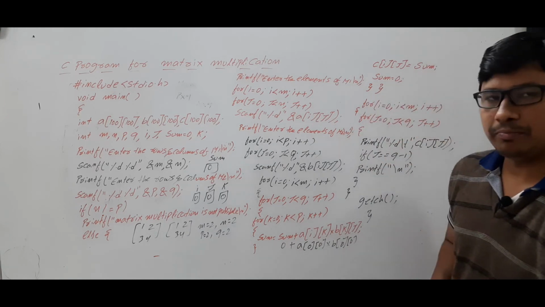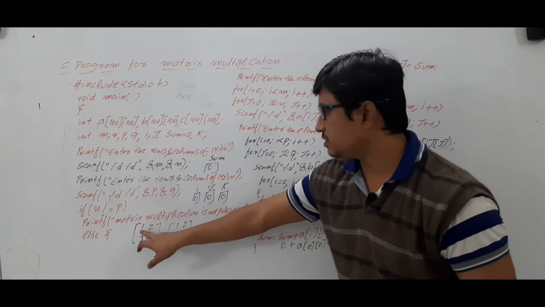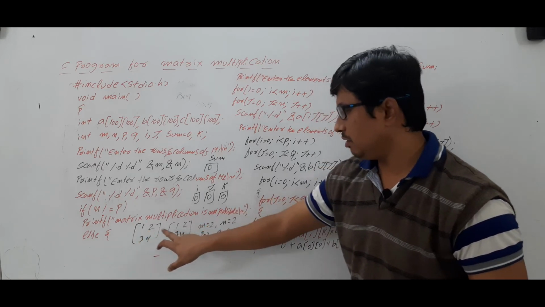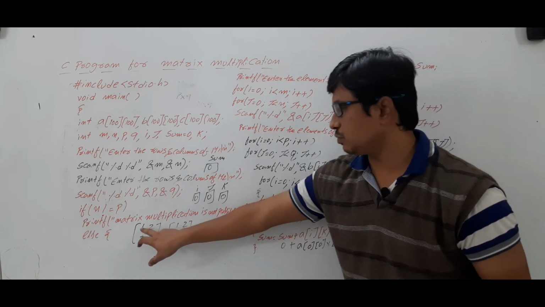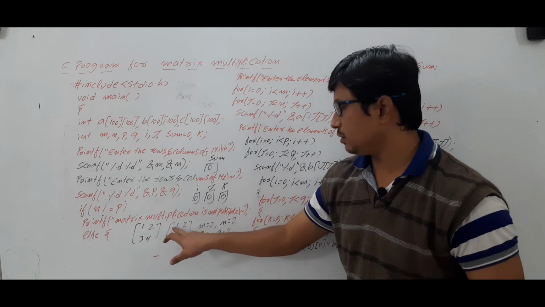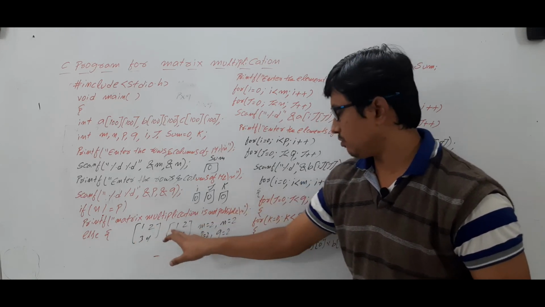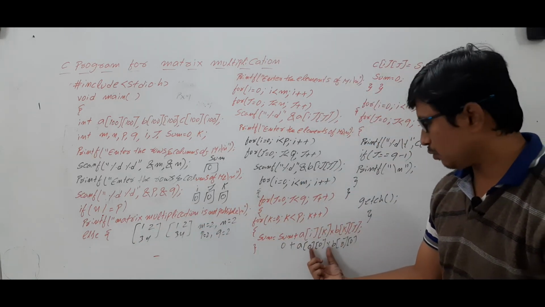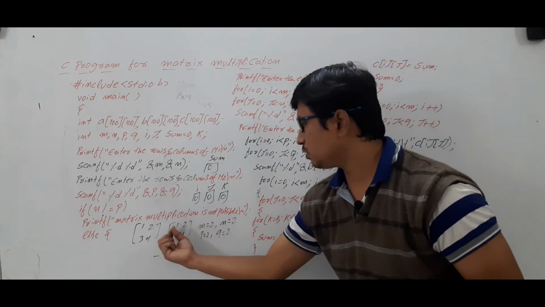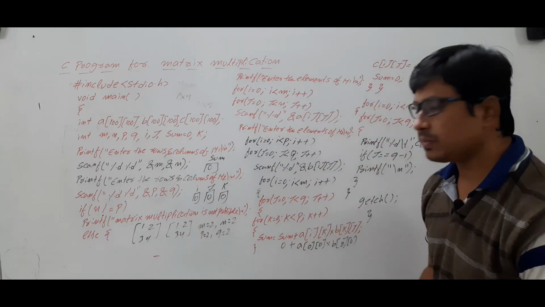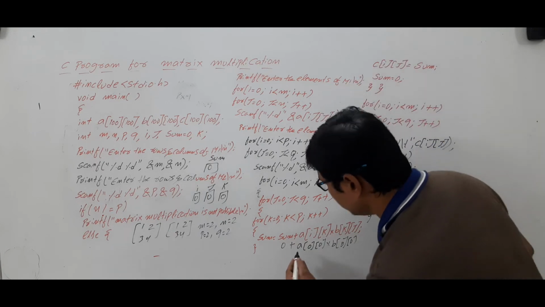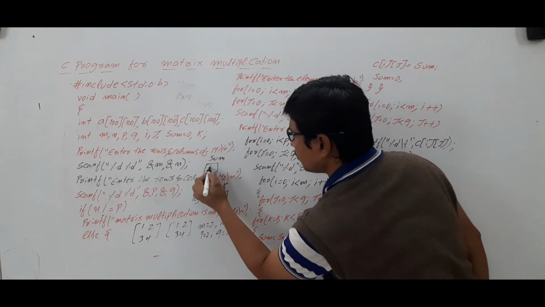So it will perform a of 0 0 multiplied with b of 0 0, which is 1 into 1, giving 1. 0 plus 1 is 1, so sum currently holds 1.